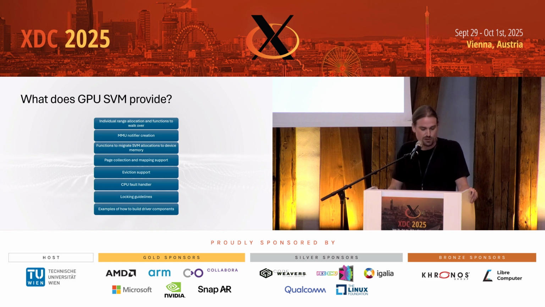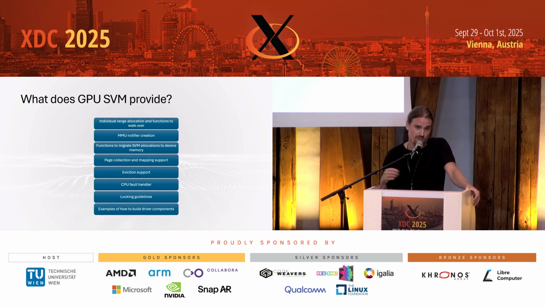It provides functions to migrate SVM allocations to device memory. So that would be when you get a GPU fault, you can have some sort of migration policy which your driver can implement and then move that memory from system memory to device memory. It also provides functions to do page collection and mapping of that.